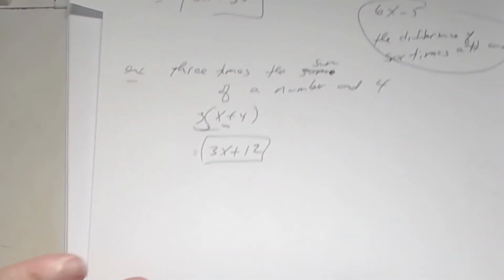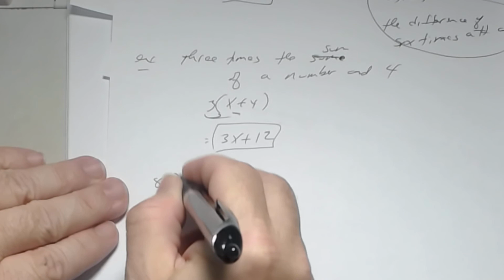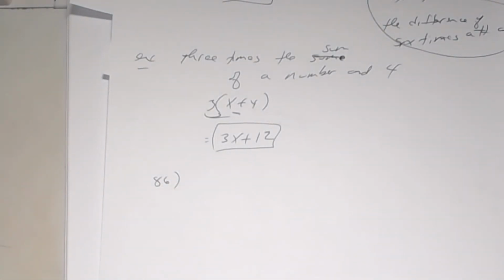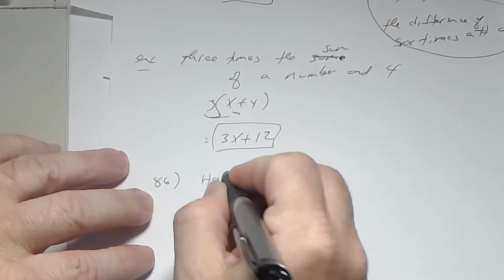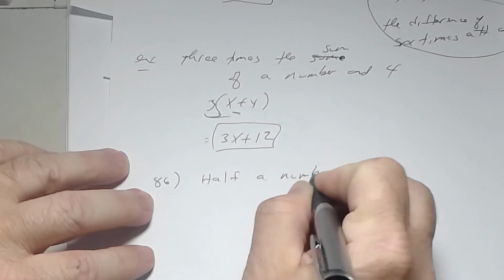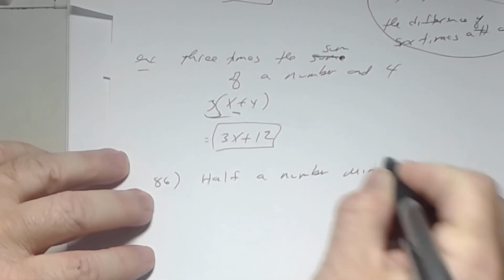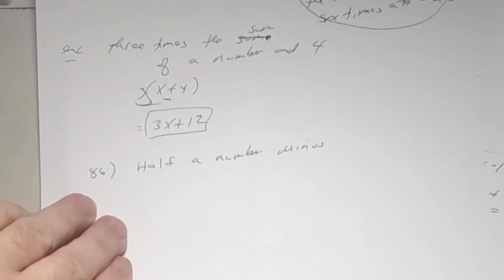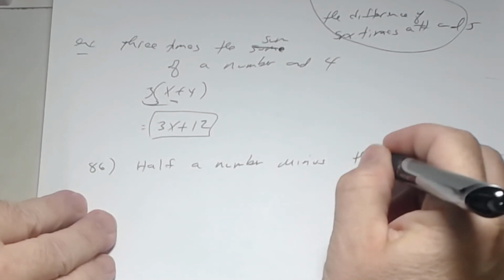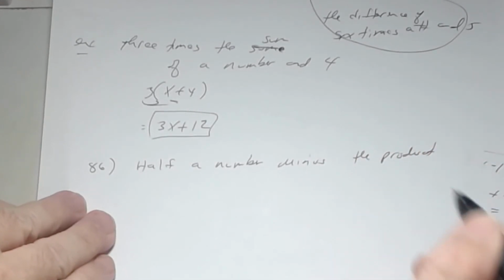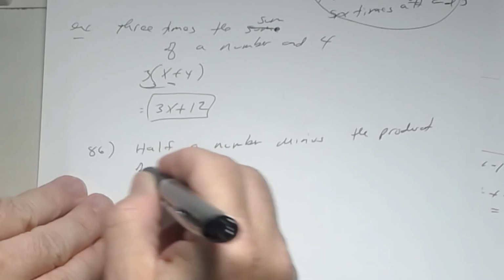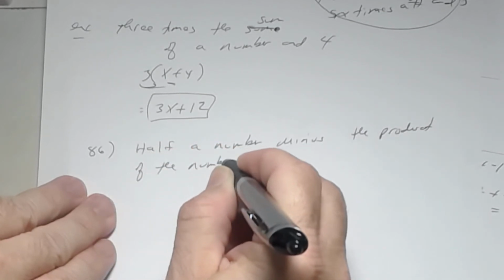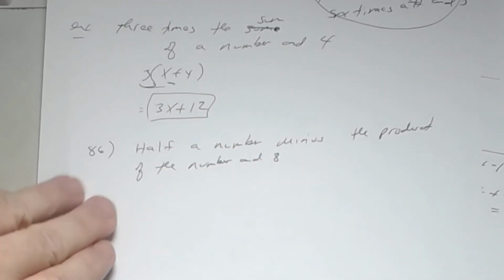Okay, and then let's look at 86. So 86, you have half a number minus the product of the number and 8.